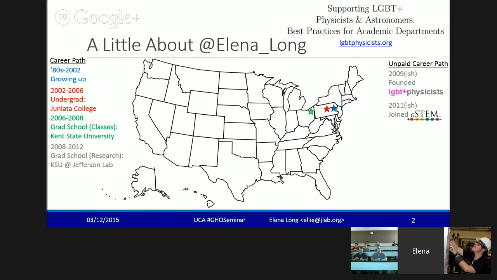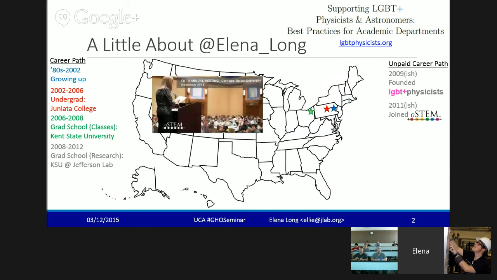Around 2011, still in grad school, I also joined the National Board of oSTEM, which stands for Out in Science, Technology, Engineering, and Mathematics. We just had our 4th conference, and this is a picture of one of our keynote speakers, Lynn Conway, talking in front of our audience of nearly 500 students. For any oSTEMers watching, we will have our next national meeting in November 2015 at Carnegie Mellon University.